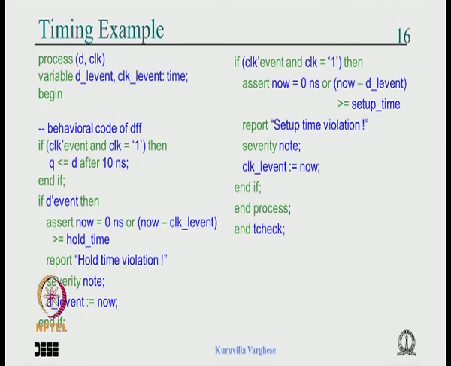So let us check the hold time violation. That is, if D'event then, okay, now we are using a new syntax which is assert. For a moment forget about this. Assert now, where now is the current simulation time. Now means the current simulation time minus clock last event.